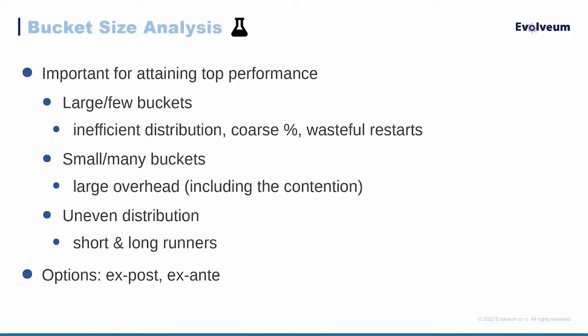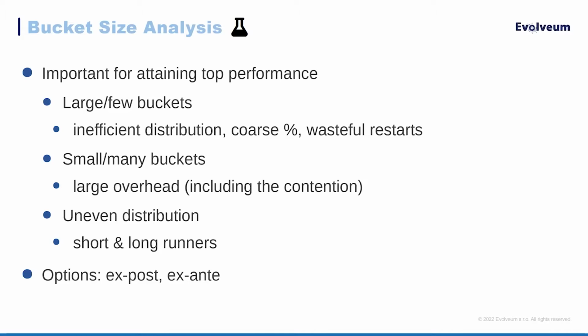On the other hand, though, if you create many small buckets, you get large overhead with their management, because there is some overhead allocating and closing those buckets and so on. And this includes also the competition among worker tasks for those buckets. There is some database retries and so on and so on.